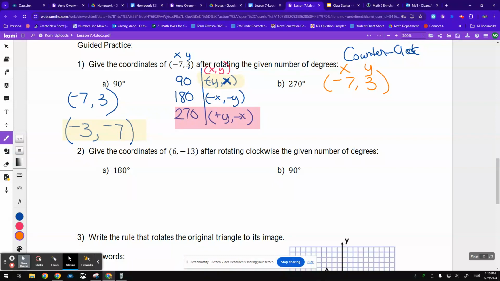My rule says take y and just move it to the front. So I'm going to take 3 and just move it to the front. And then it says take the negative of whatever x is. Well, negative of -7 is +7. This is the new point.